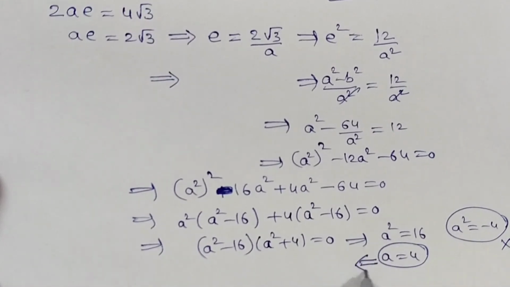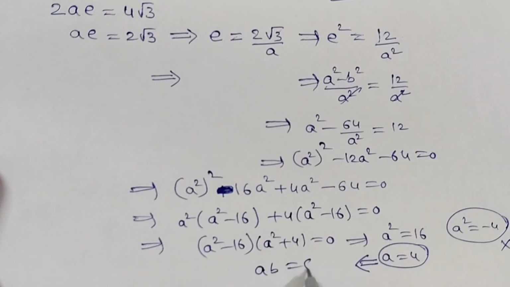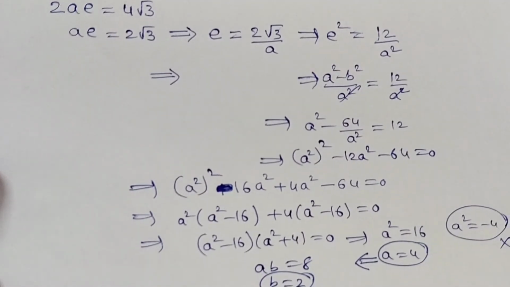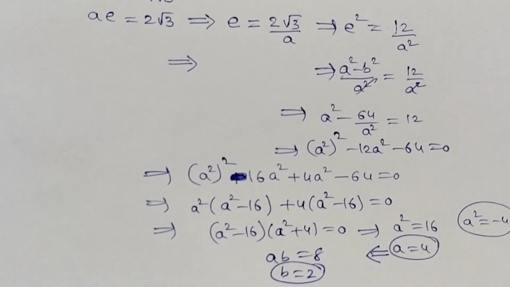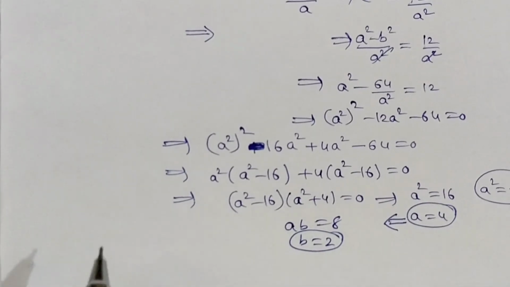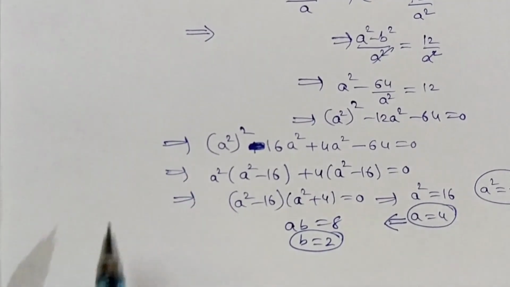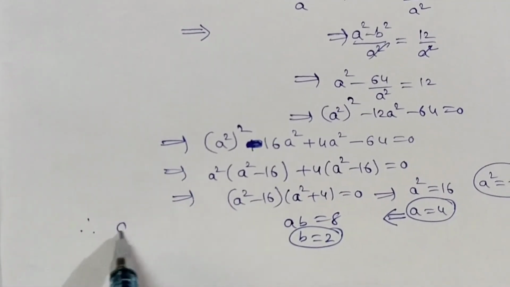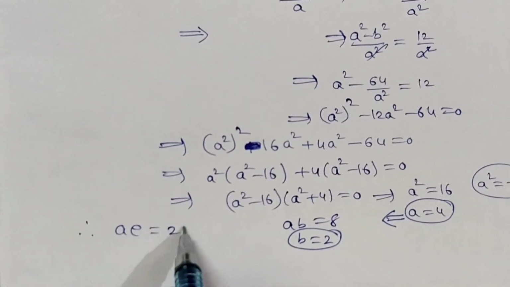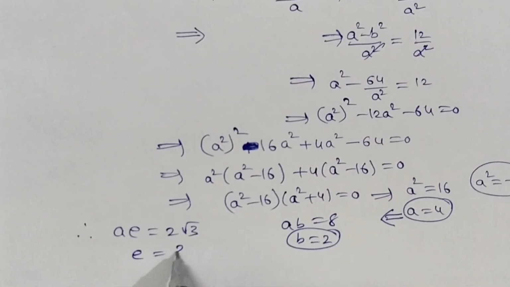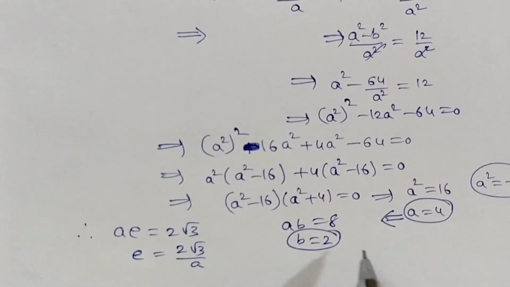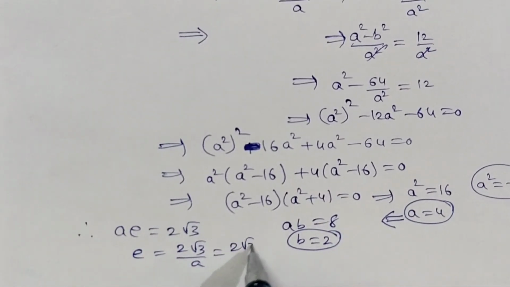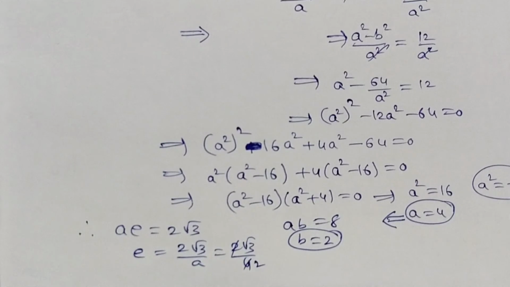When A is equal to 4, AB is equal to 8, so B is equal to 2. A value, B value we got it. Therefore eccentricity. Otherwise directly you can write: AE is equal to 2 root 3, so E is equal to 2 root 3 by A. A value 4, so 2 root 3 by 4. 2 2s are 4.